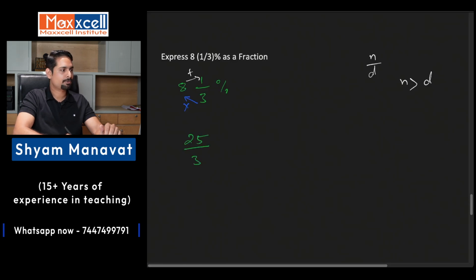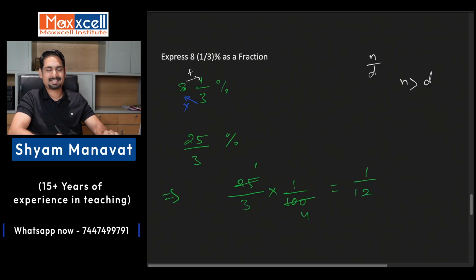Percentage, you have to remove the percentage sign to convert into fraction. What do you have? 25 by 3, and remove the percentage sign. That means you have to divide by 100. 25 4s are 100 and that's how you get 1 by 12. Correct?